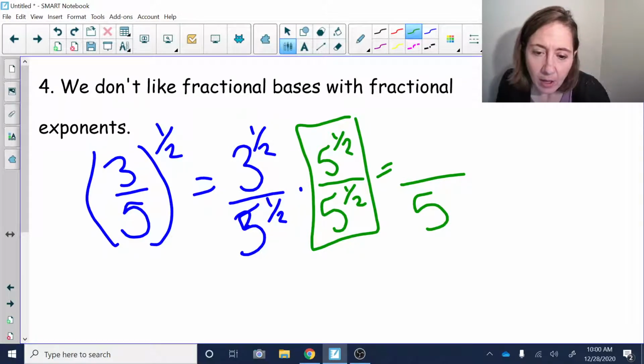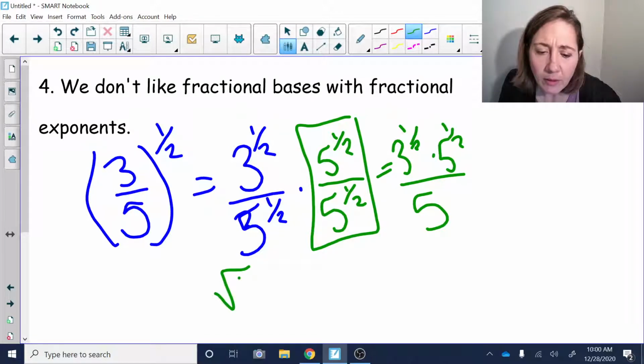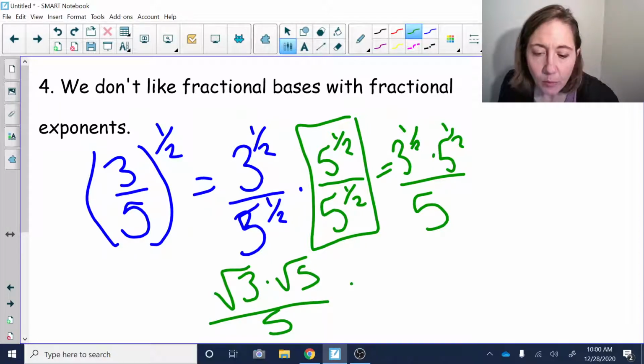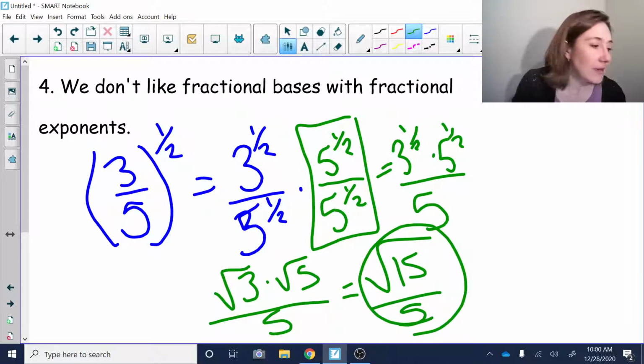And then my numerator would be 3 to the 1/2 times 5 to the 1/2. We can put those together and say that we would have the square root of 3 times the square root of 5 over 5, which would be the square root of 15 over 5. So that's how you would simplify that.